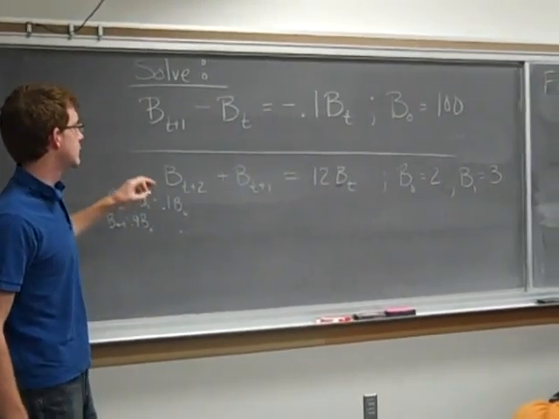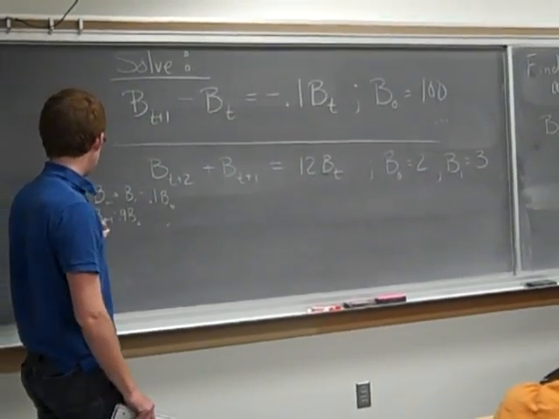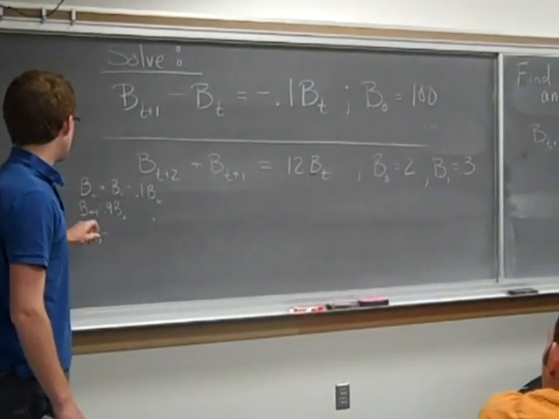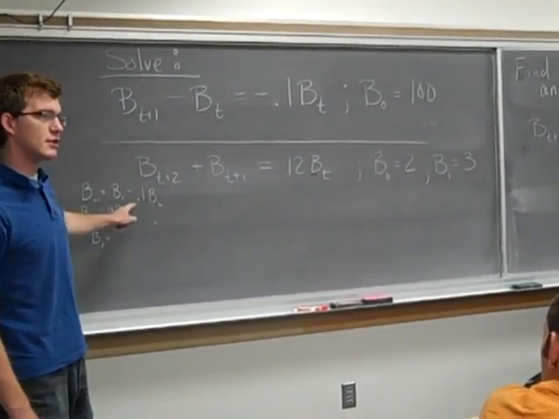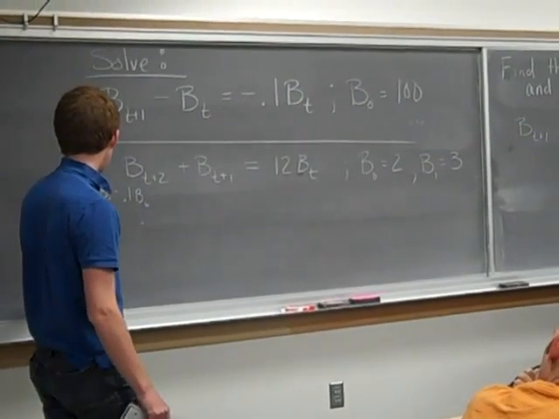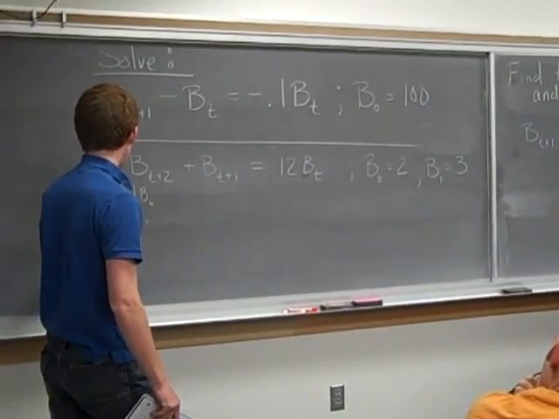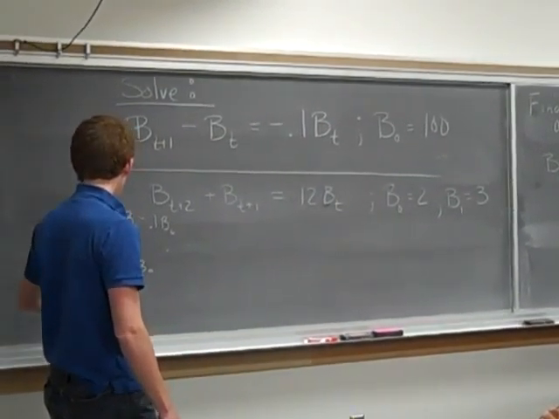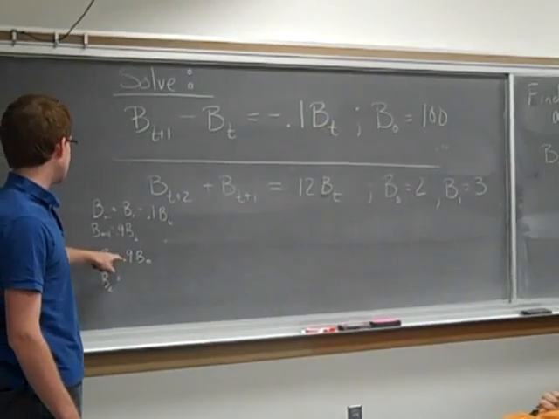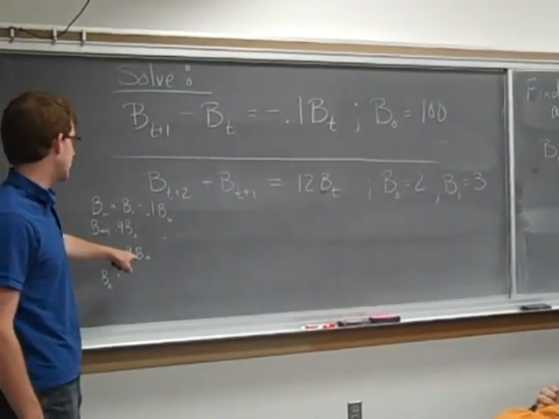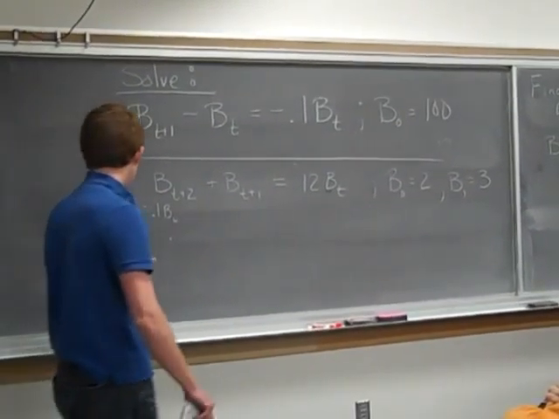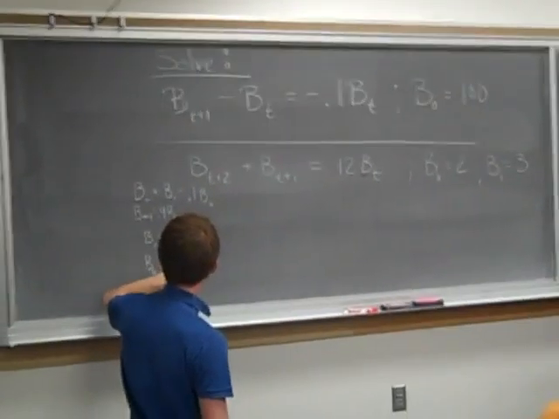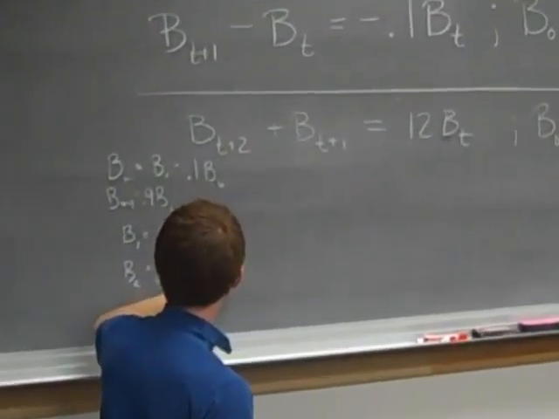And then you plug in t equals 0 to get b sub 1. And so you solve for that, and that's 0.9 times b sub 0. And then b sub 2 equals 0.9 times b sub 1. Well, b sub 1 is 0.9 times b sub 0. So you got 0.9 times 0.9 times b sub 0.